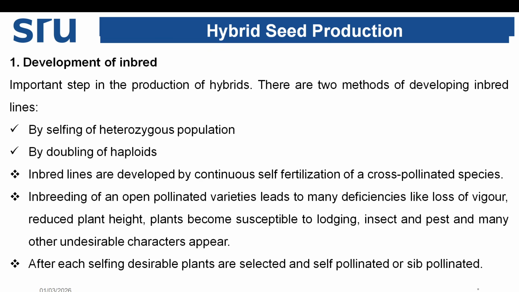If you do inbreeding in open-pollinated varieties, ultimately it will lead to loss of vigor, reduced plant height, and due to continuous inbreeding, these plants become susceptible to lodging, insect pest attack, and many other undesirable characters. So after each selfing, you need to select the desirable plants and promote them for self-pollination.